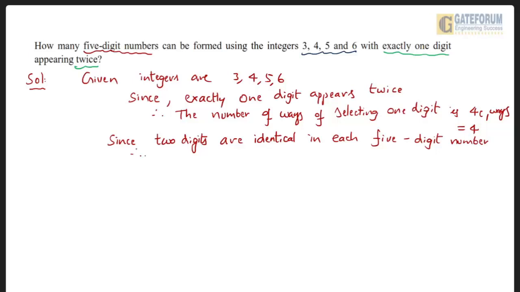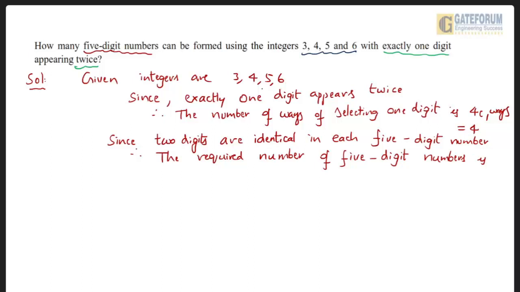Therefore, the required number of five-digit numbers is, now one digit is repeated twice.